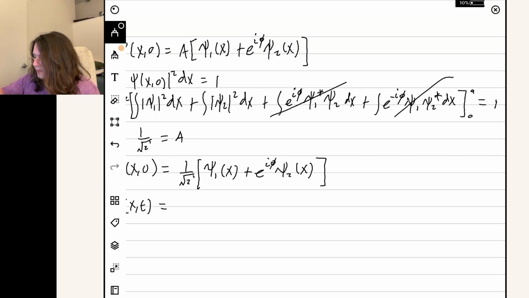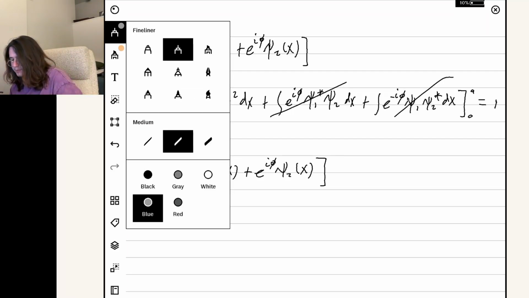which is given by this general formula that I'm going to try and write out once my tablet works. Hello. There it is.